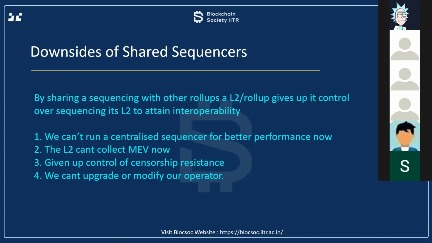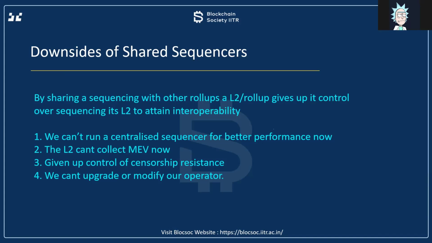And the L2s now can't collect MEV, which they could collect before. So MEV only goes to the single sequencer that now has the rights, and the L2 has given up control of censorship resistance.